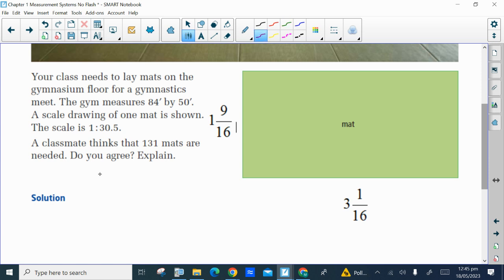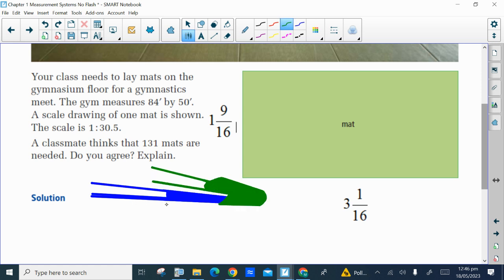So 1 9/16. Whoa. Try that again. That's really weird. Try changing color. Same thing's happening.